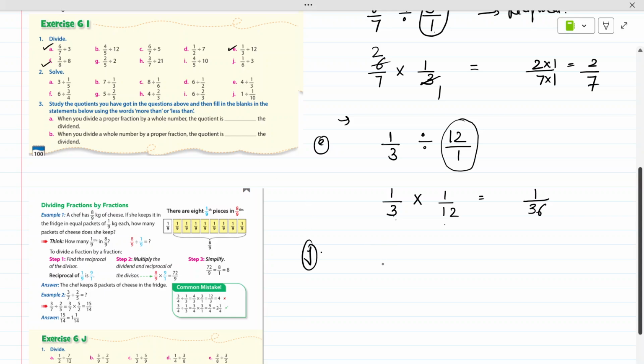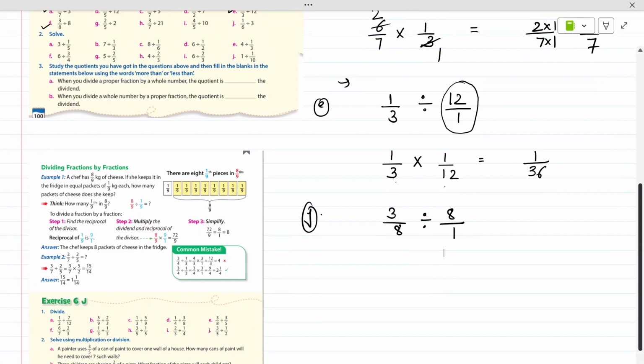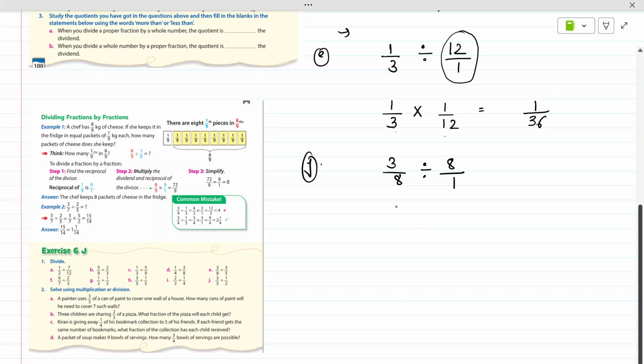F part I am picking 3 by 8 divided by 8. So first thing, just change it to fraction. 8 I have changed to 8 by 1. Second step, change the division to multiplication. Take the reciprocal of the divisor. 8 by 1 will become 1 by 8. Right?